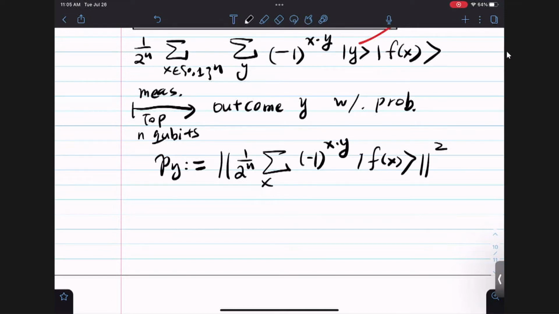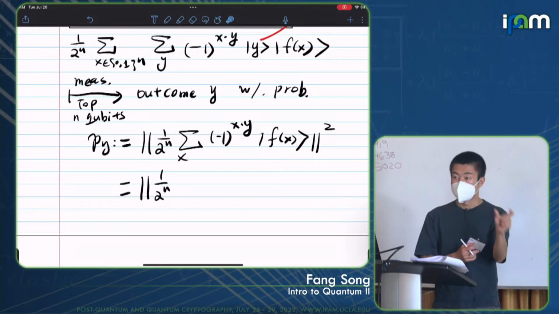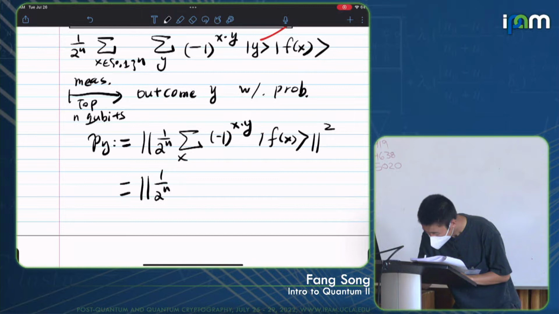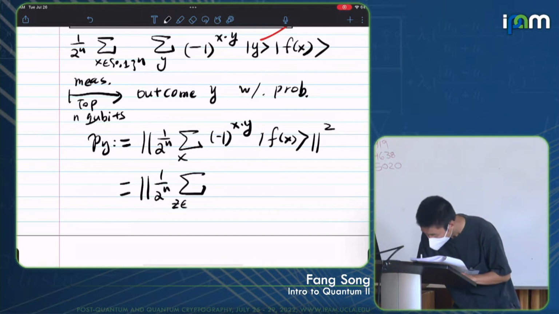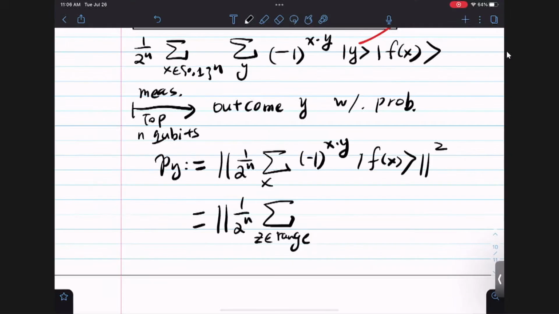Okay, let me do a little bit of simplification. What I'm going to do is to think of the promise of this function. For any function value, there are exactly 2 inputs mapped to that function value. So instead of summing over the input strings, I'm going to sum over the range of the function f.